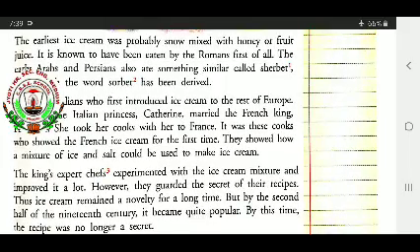Then in the next paragraph, we learnt about the chefs, that are professional cooks. About the chefs of France who improved the mixture of ice cream and kept the recipe secret.